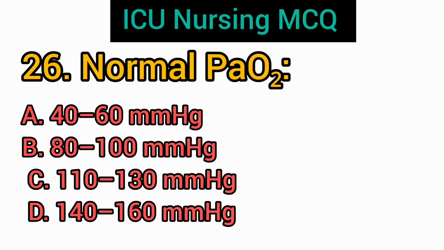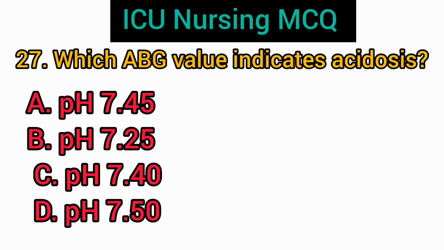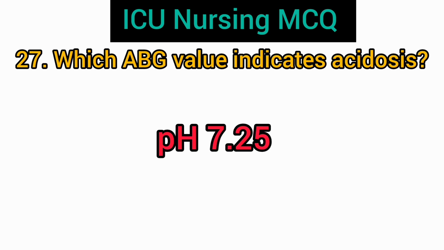Normal PaO2 (80 to 100 mmHg). Which ABG value indicates acidosis? pH 7.25.